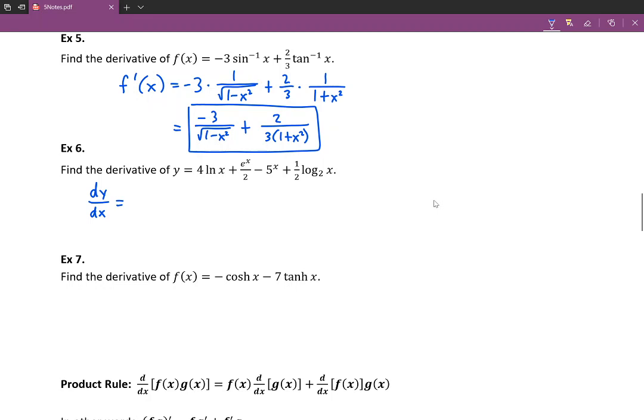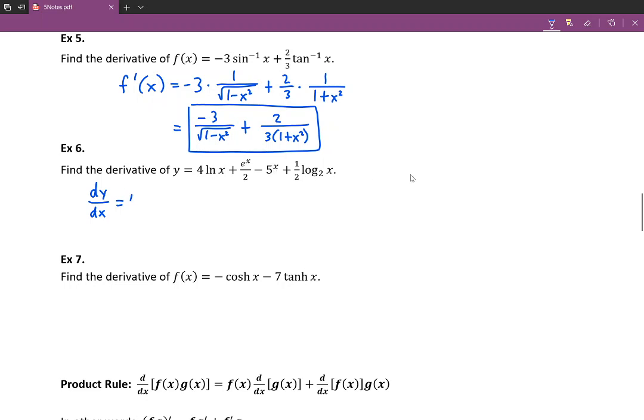So again, the derivative will distribute across the pluses and minuses. The constant coefficients can come out of the derivatives. So really we just have to focus on what the derivative of ln x is, of e to the x, and then the log base 2 of x, and also 5 to the x.